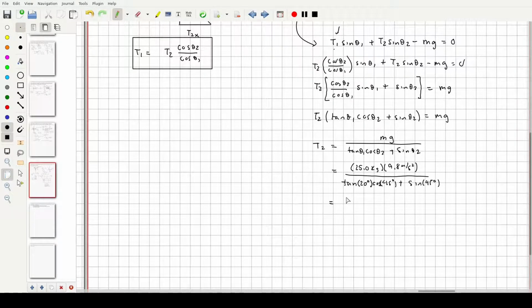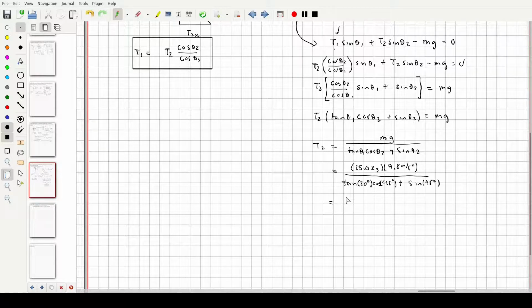So let's plug our stuff in. 25 times 9.8 divided by tangent of 20 degrees times cosine of 45 degrees plus sine of 45 degrees. Giving me a syntax error again.